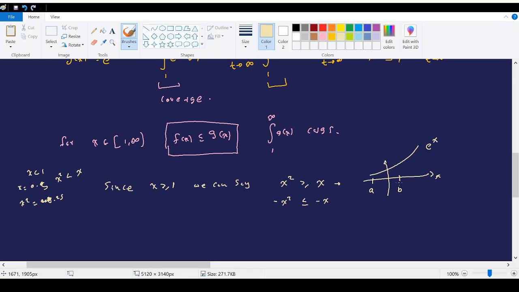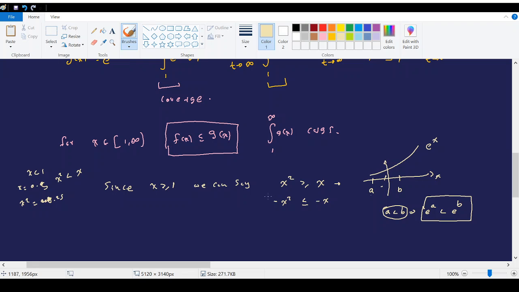No matter where it is located, if a is less than b, then e to the power a is less than e to the power b, because e^x is an increasing function. No matter where a and b are located, if you have this relationship, then you are going to have this relationship, because e^x is increasing throughout.